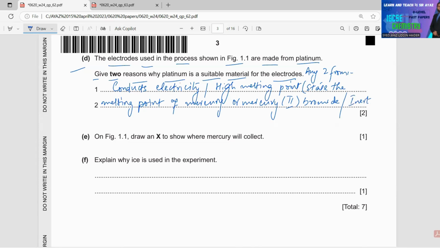When you're saying does not react, again, if you want to mention, you have to mention it does not react with either mercury(II) bromide or mercury or bromine. Or in case of mercury(II) bromide, you can even call it salt.